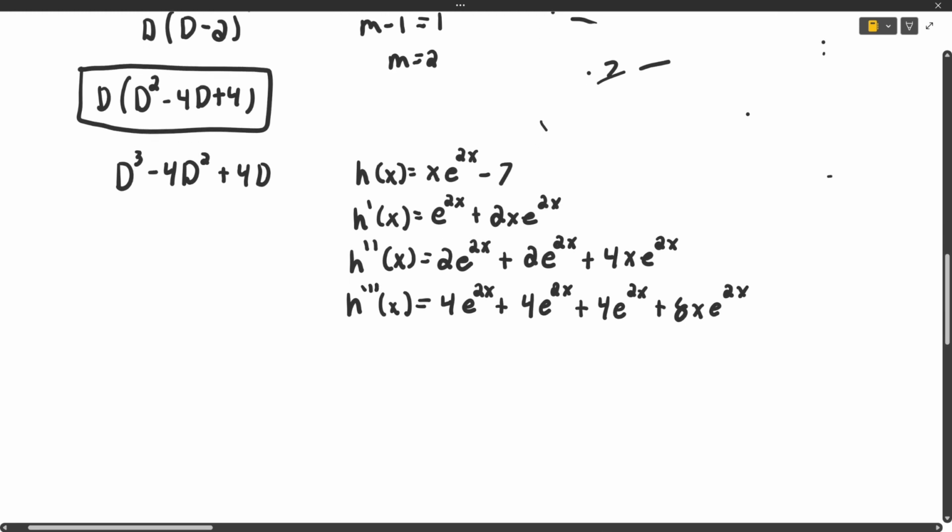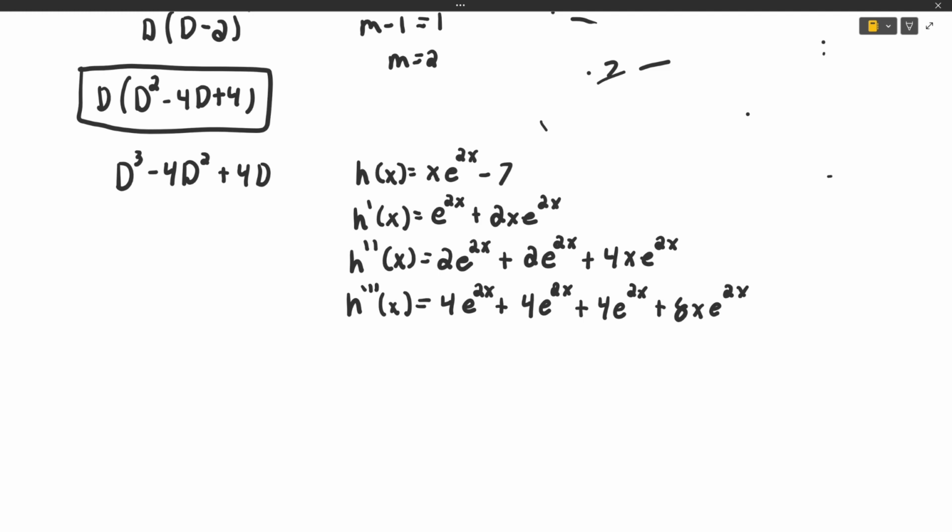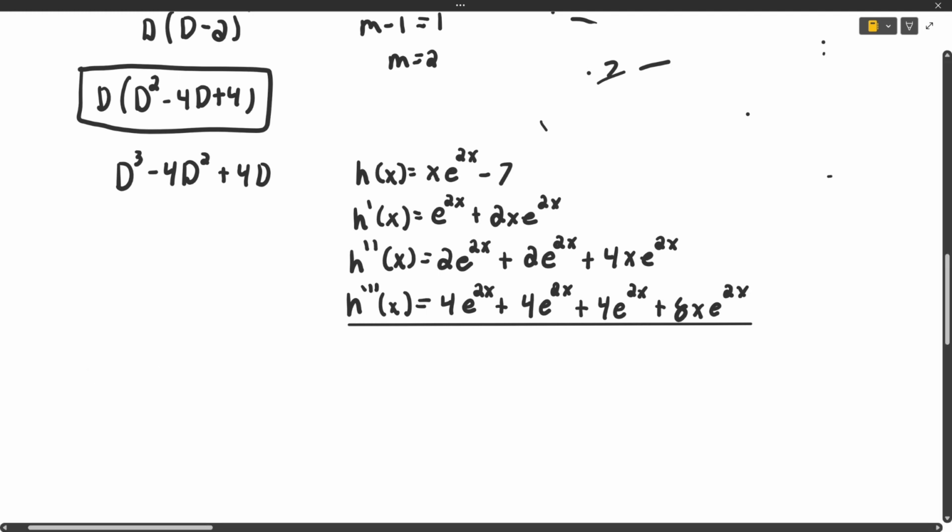So, now that we have these, all we have to do is plug this into the function. So we see, okay, well, d cubed, that's going to be this triple prime right here. So let's write that out. 4, 4, 4, that's 12e to the 2x plus 8x e to the 2x, minus 4 times our second derivative. So once again, I'm combining like terms here.